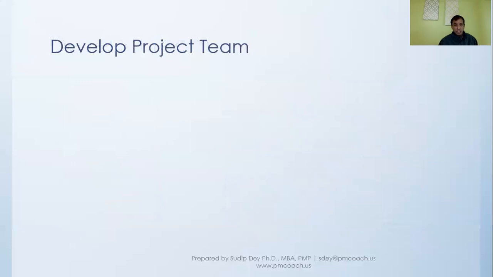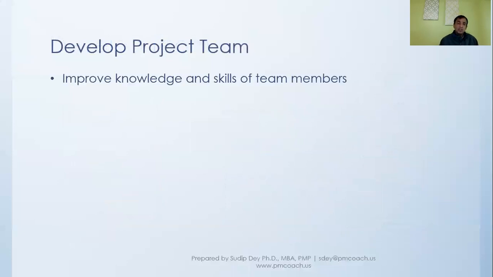Now, in developing the project team, first and foremost, we improve the knowledge and skills of team members, because we have now acquired the resources. And when we acquire resources, we want to make sure that those resources will be able to function well, function cohesively, and be able to deliver.